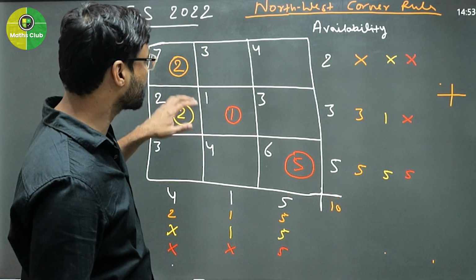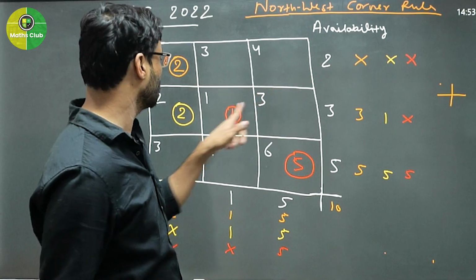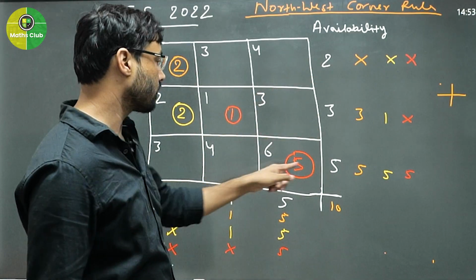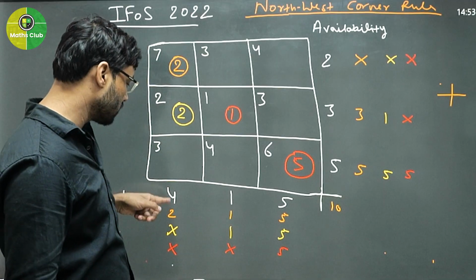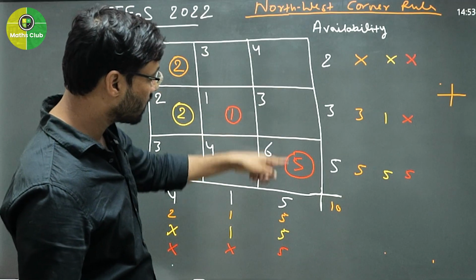Now first check that everything is fine: 2 plus 1 is 3, and then 5; in this case 2, 2 is 4, that's fine; 1 and now 5.